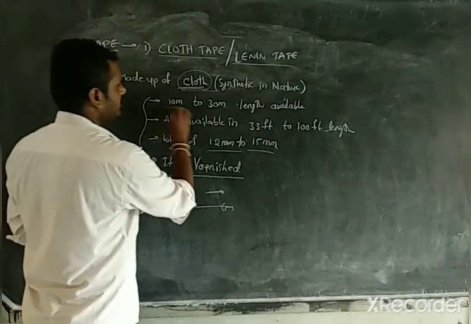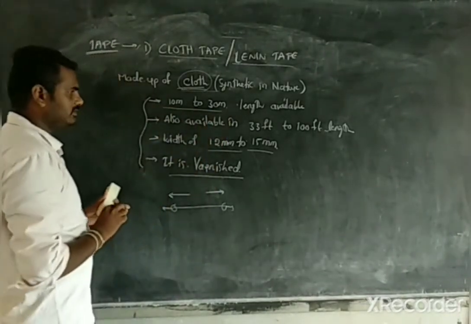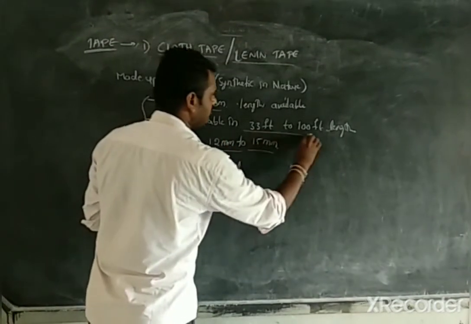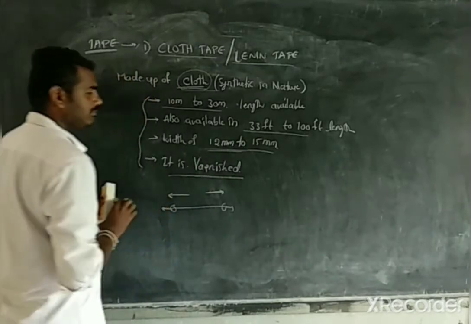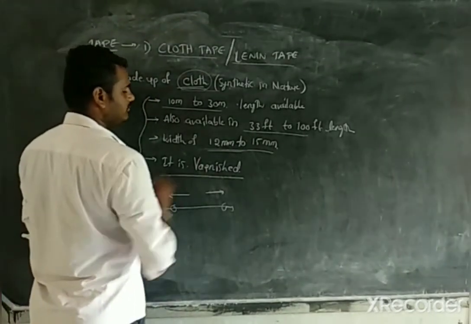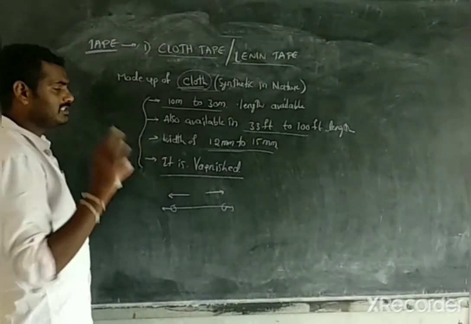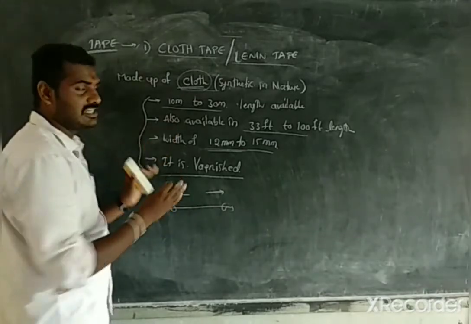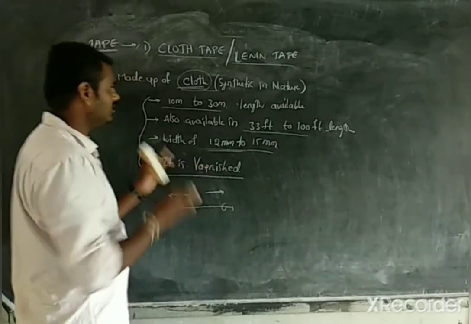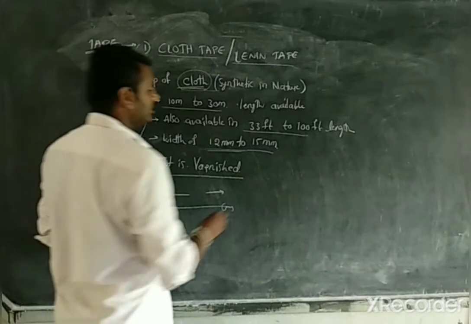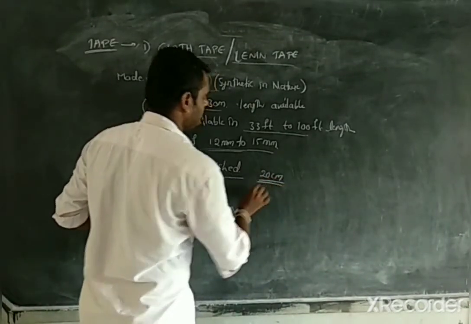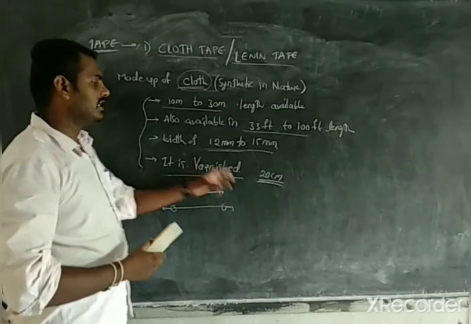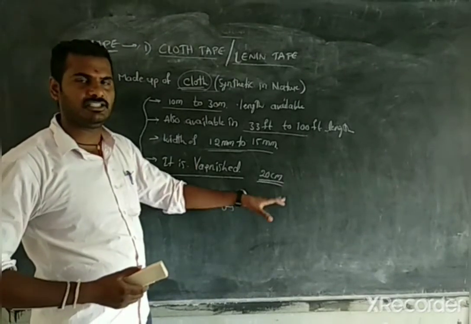It is available in 10 to 30 meter and also in terms of feet, where the width is 12 mm to 15 mm. It is varnished. And please remember, in this case also the least count of this tape is limited to 20 centimeter, so it has graduations at every 20 centimeter length.